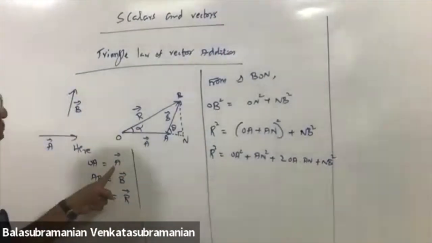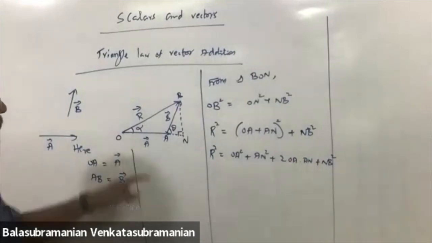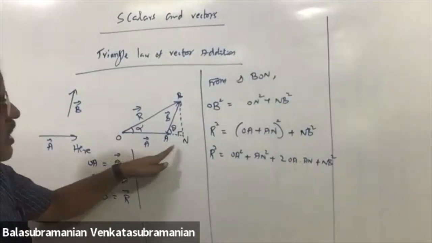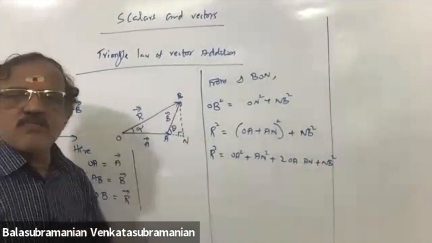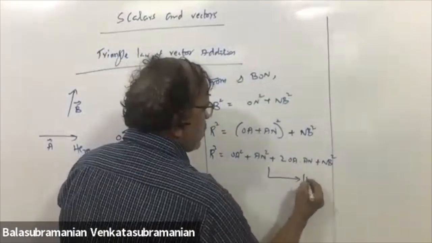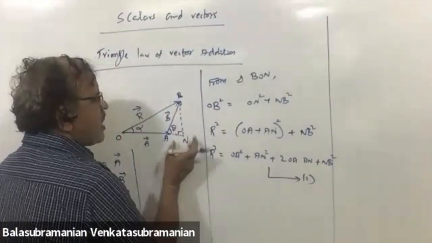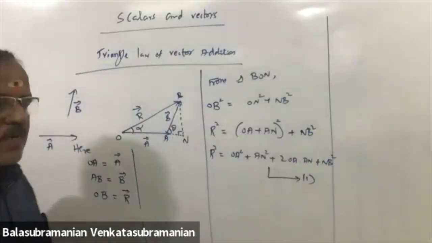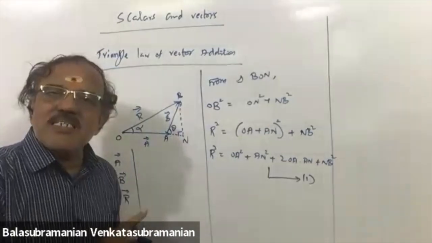OA square value, you know, A. You have to calculate AN and you have to calculate NB. So our next step is to calculate these two distances, AN and NB. For this theta, AN is called the adjacent side.